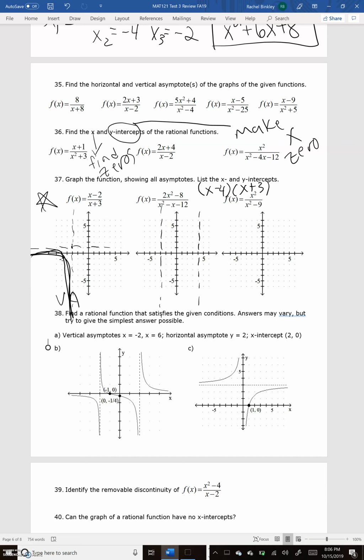My horizontal asymptote is going to be, since they're both the same degree, 2 over 1. So here, cool. I believe this will make this graph, oh, I'm going to get it backwards, aren't I?